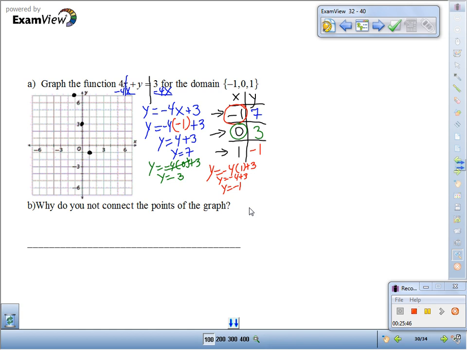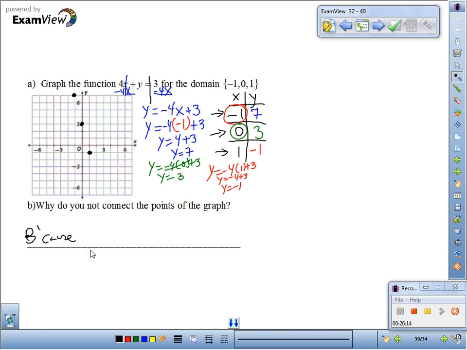Denise, why don't we connect the points? Because why?